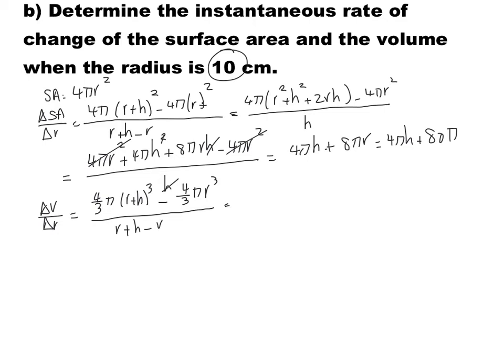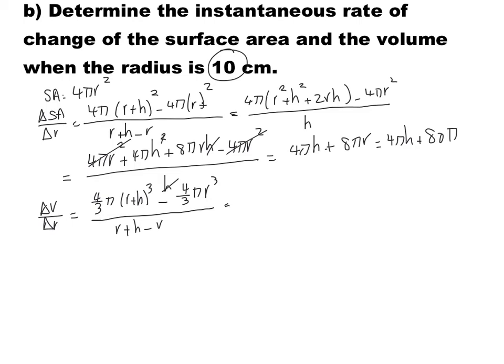This is going to give us, after expanding r plus h cubed. Now to expand this one, either you can do repeated multiplication of 3 brackets, which is going to be a painful process, or we can use Pascal's triangle and expand r plus h cubed.